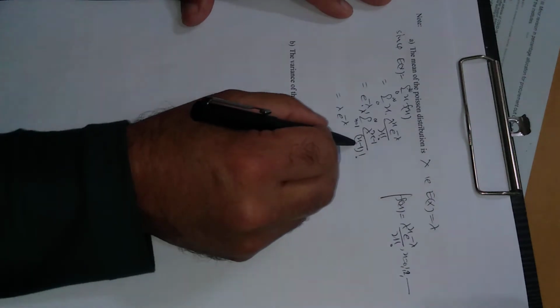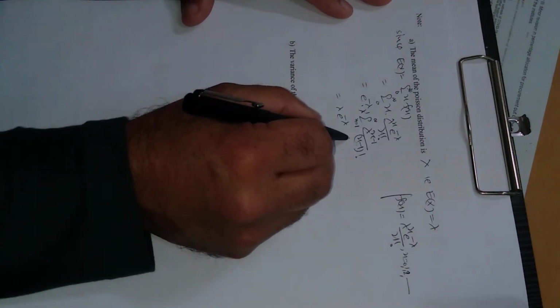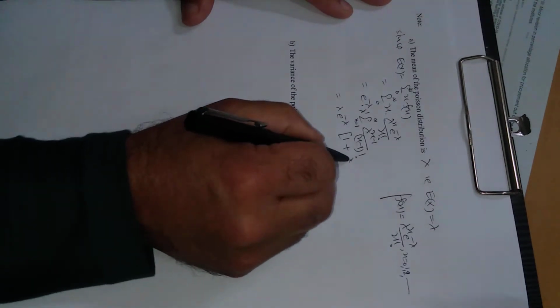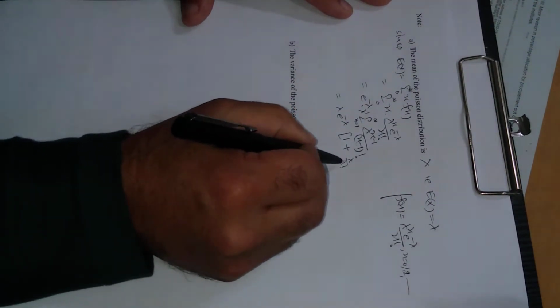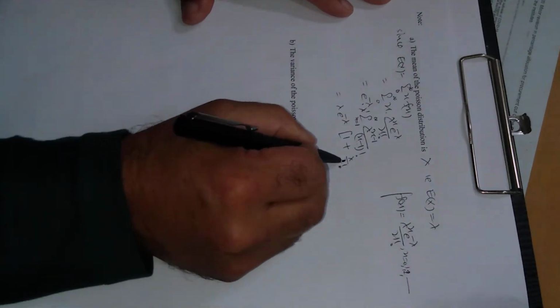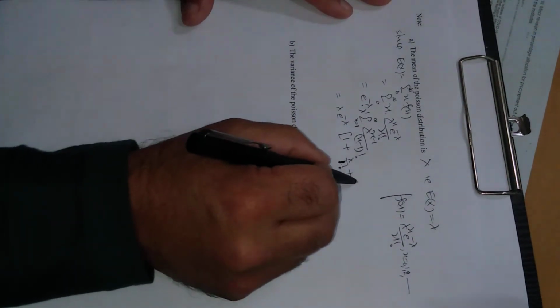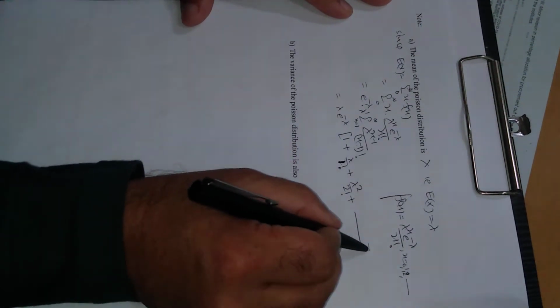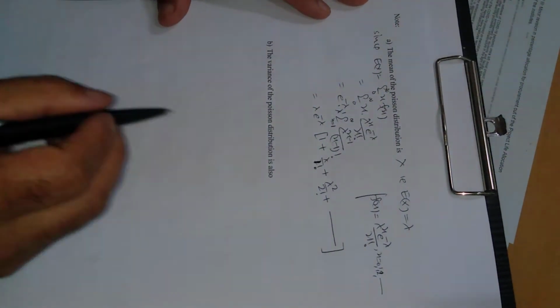Now open this, put x equal to 1, so this will be 1. Put x equal to 2, this will be lambda upon 1 factorial. Put x equal to 3, this will be lambda square upon 2 factorial, plus so on. So this is an exponential series.